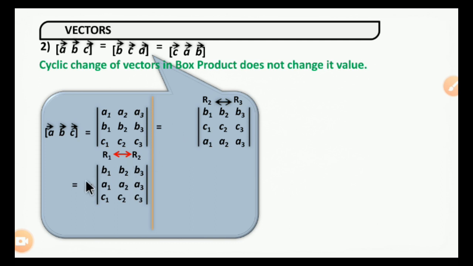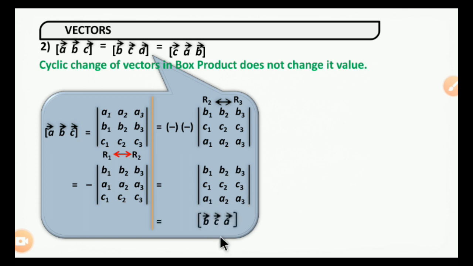The minus sign is already there from the previous step, and we have to multiply by another minus sign because here also we interchanged the rows. Therefore, minus into minus becomes plus. So it will be B1, B2, B3, C1, C2, C3, A1, A2, A3. Now this is equal to the box product of BCA. So students, ABC is also equal to BCA. So this is the proof of this property.